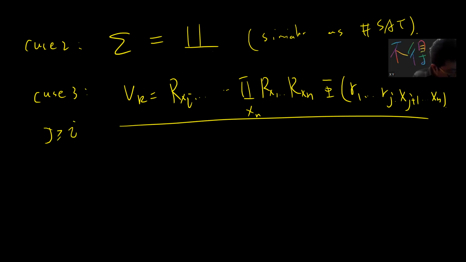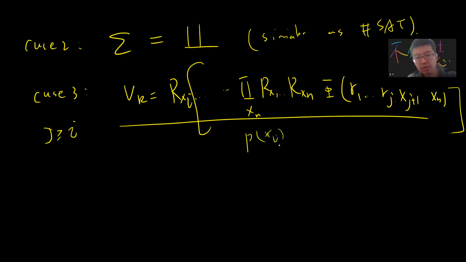So the idea is that you can still do the same thing, right? Just copy this and call this guy P of Xi. But in this case, Xi may not get linearized, right? So P of Xi has at most degree, let's say, 3m.